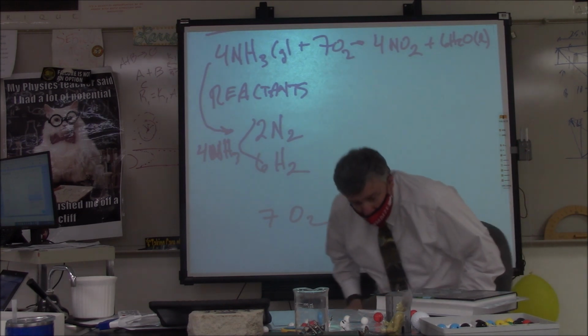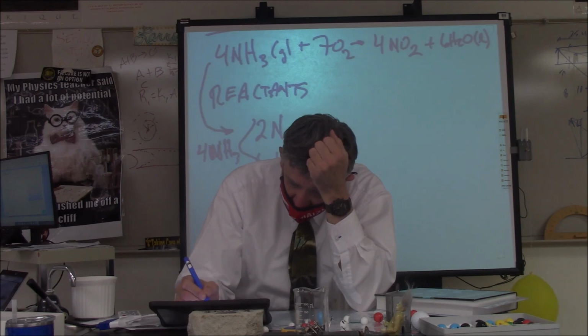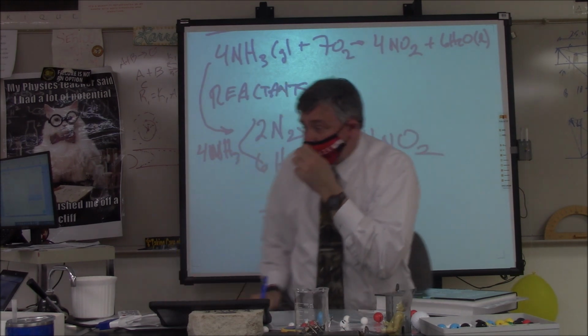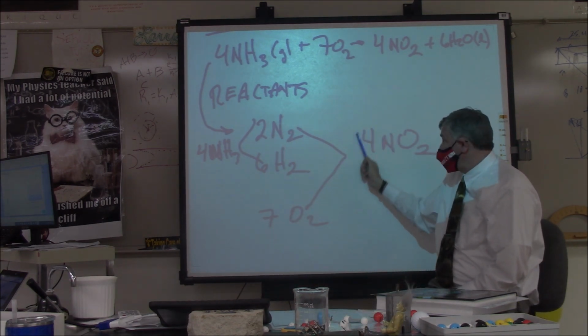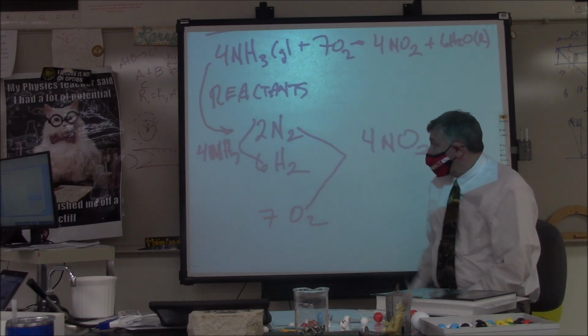Now, out of that, then we're going to form, out of the nitrogen and the oxygen, we'll get the 4 NO2s, okay? So that's going to consume all of the nitrogens. So all the nitrogens are going to get used up in making the NO2s.